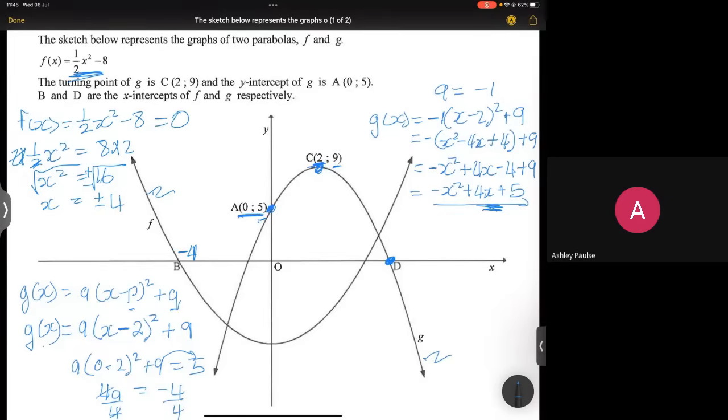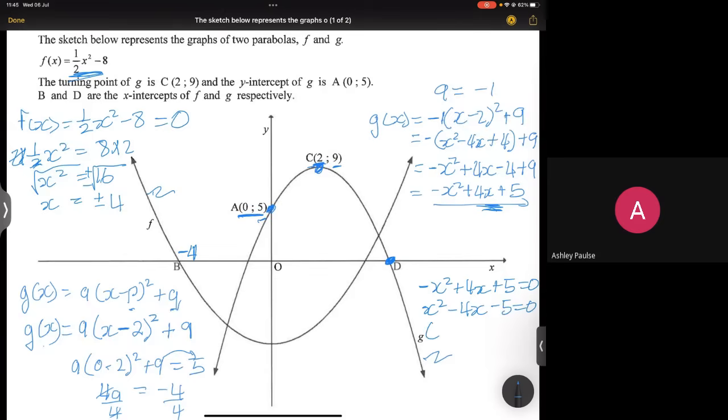So where g of x is equal to 0, I've got minus x squared plus 4x plus 5 is equal to 0. Now, to make things easier for yourself, just multiply everything by negative, so it changes sign. x squared minus 4x minus 5 is 0.